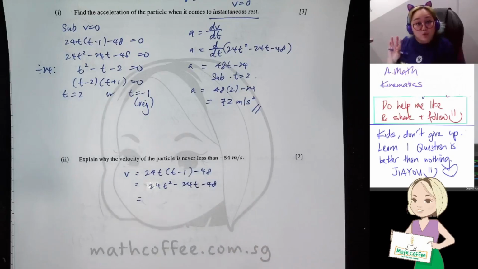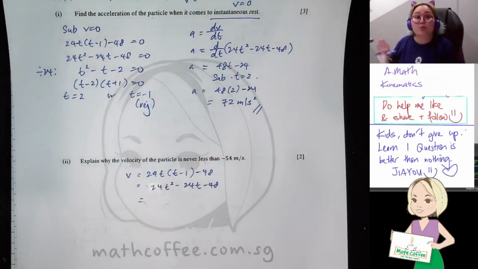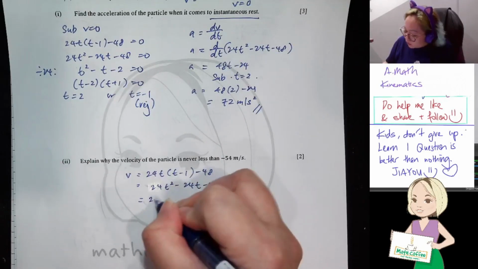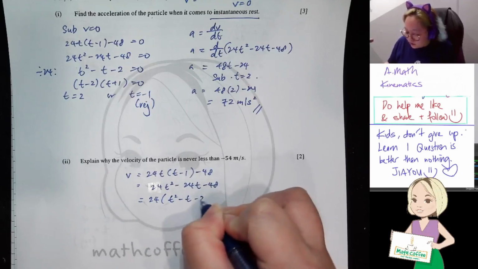So I want to do completing the square. Completing the square can only be done at 1t squared. So I'm going to take out common factor 24. Take note, take out common 24 and not divide by 24, because this is not an equation, it is an expression. So take out 24, I have t squared minus t minus 2.